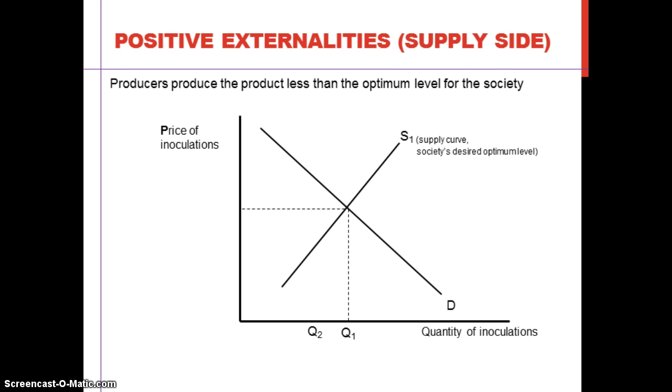So here we'll see a case where producers produce a good which has positive externalities less than the socially desired level.